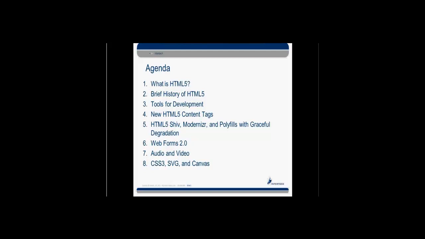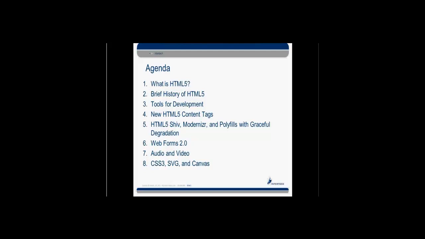Funny thing about Web Forms 2.0, even though we have it listed as Step 6, this is really the HTML5 background in its infancy. This is where it all started with Opera, the Opera team and HTML5 with their Web Forms 2.0. The last 2 pieces there, audio and video, we'll talk about how we can have our movies displayed and how we have to deal with these different browser vendors that insist on using only their codecs.